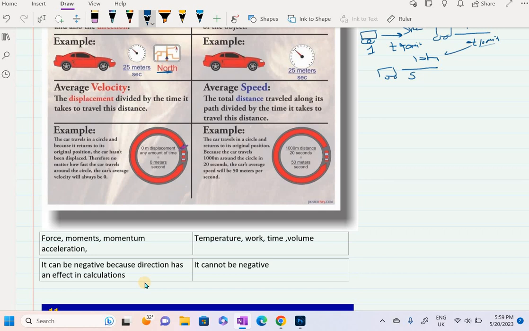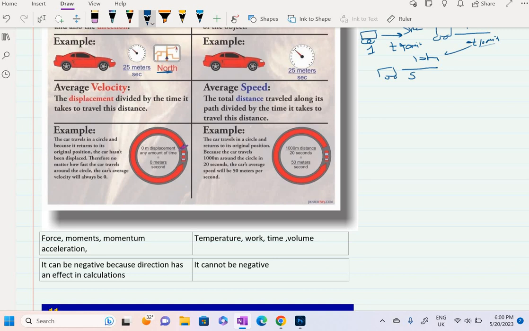Let me leave this part till I talk about the force down here in this video also. For now, you should just know that it can be negative, but a scalar will never be negative. I cannot find negative temperature or work or time or volume. I cannot find this value.